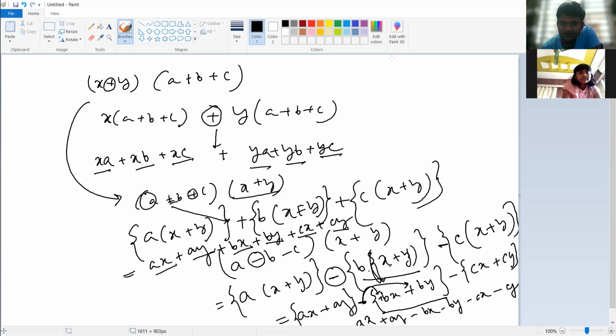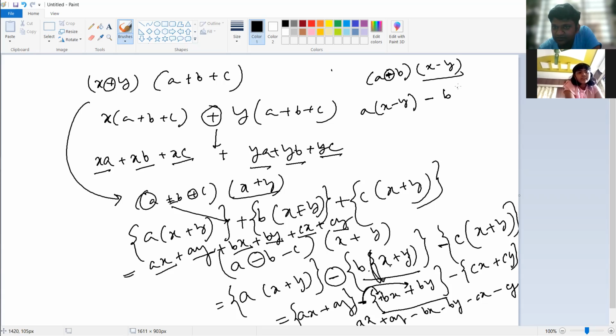How is it? I'm giving you a small example, not a big one. Suppose a minus b and x minus y. The formula is the same. What is the formula? First take a, then take all the terms of this, then take the next sign here.